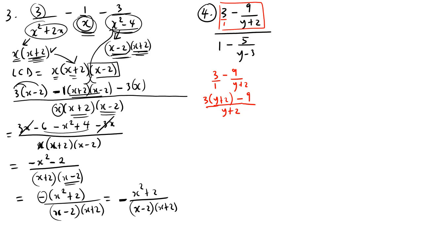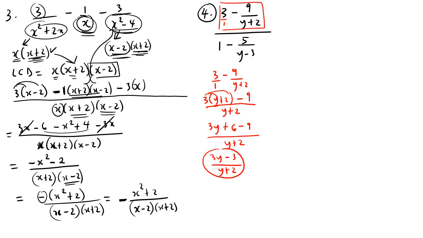So I can simplify further. I'm going to get 3y plus 6, just distributing, and minus 9 over y plus 2. That means I get 3y minus 3 over y plus 2. So this is what I'm getting for the numerator.